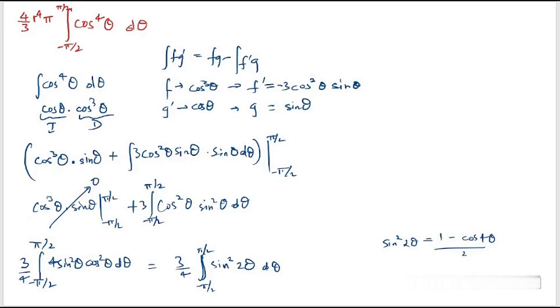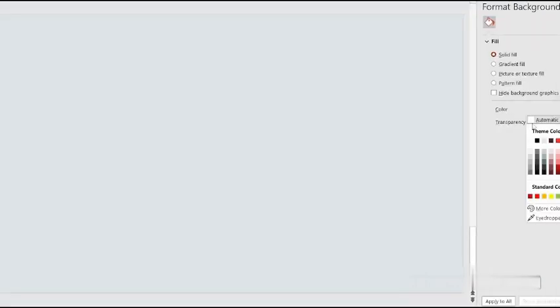So let's just substitute this in the next page. Alright. Let me just change the color to white. Alright, so there we go. So we had 3 by 4 integration minus pi by 2 to pi by 2 sine square 2 theta. That's 1 minus cos 4 theta by 2 d theta.